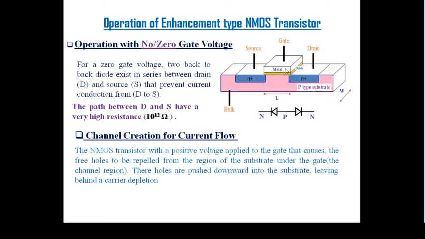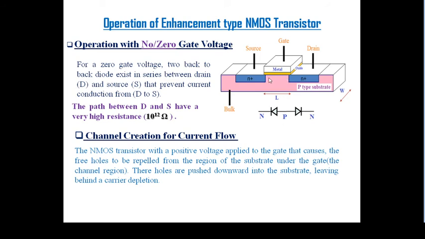Okay, so when there is a positive gate voltage, the holes are pulled down, and it forms a depletion region. Also, this positive gate voltage attracts electrons near the surface.